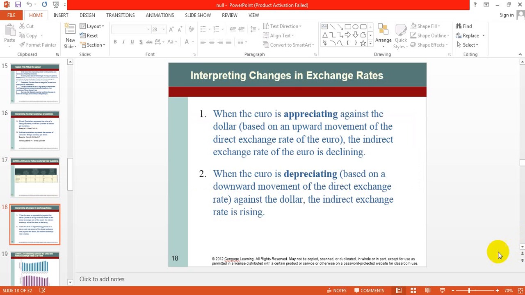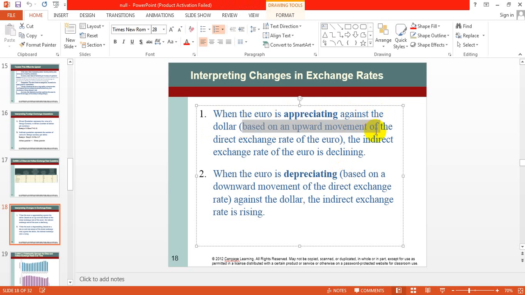So there is an inverse relationship between these two. When the euro is appreciating against the dollar, based on an upward movement of the direct exchange rate of the euro, the indirect exchange rate of the euro is declining.